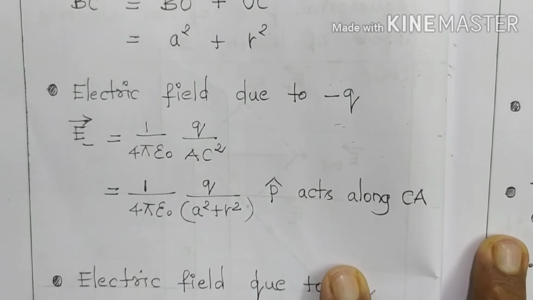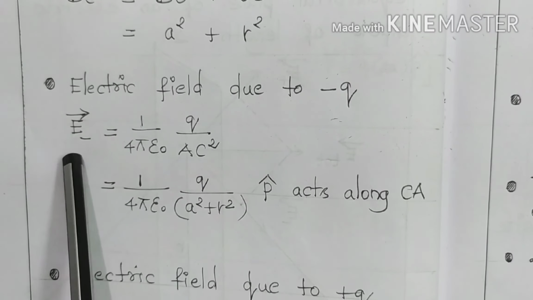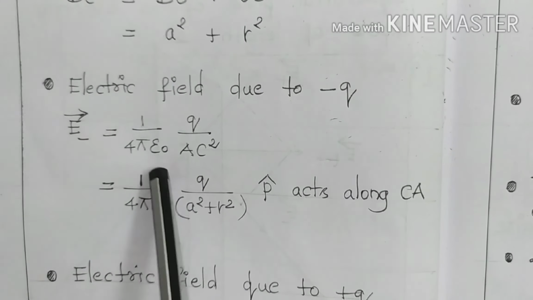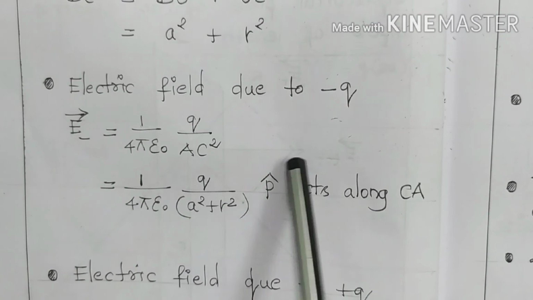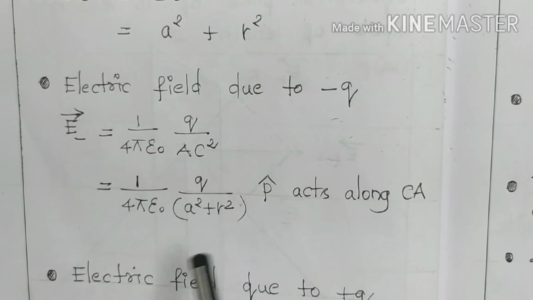Then electric field due to minus Q, that is E minus, is equal to 1 by 4 pi epsilon naught Q by the distance. Instead of R we have written the distance itself, AC squared, which is nothing but A squared plus R squared. P cap acts along the direction CA. This one you can see from the diagram.